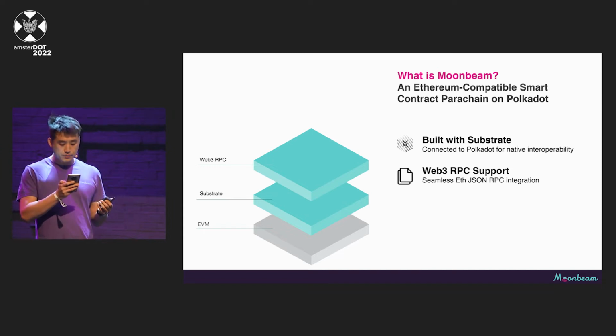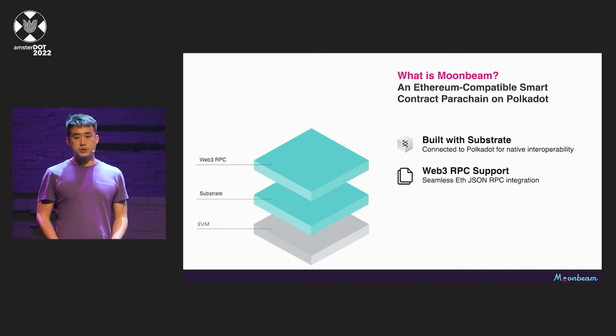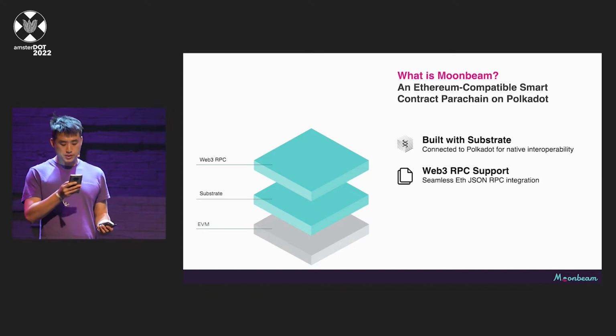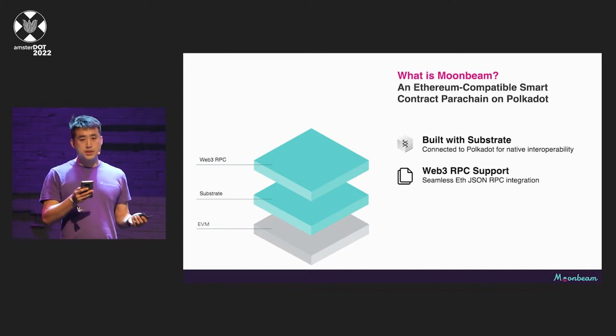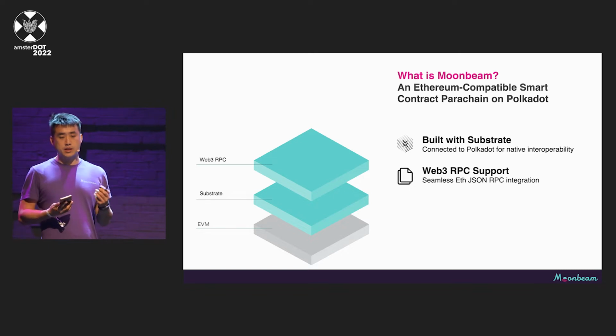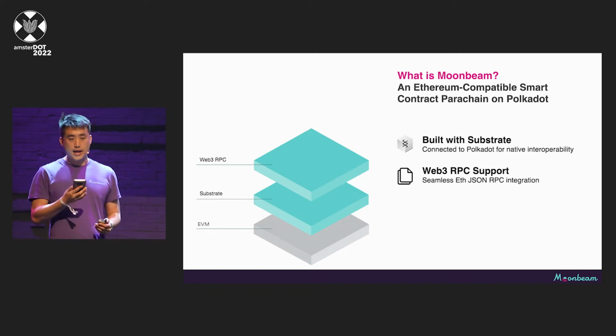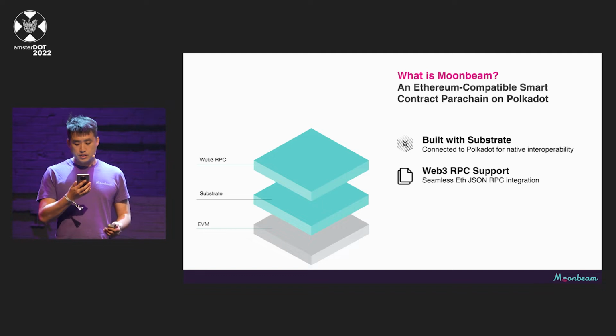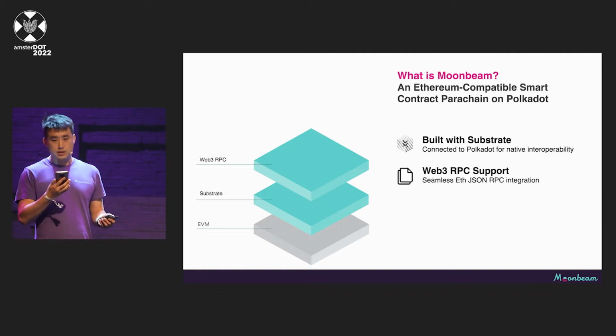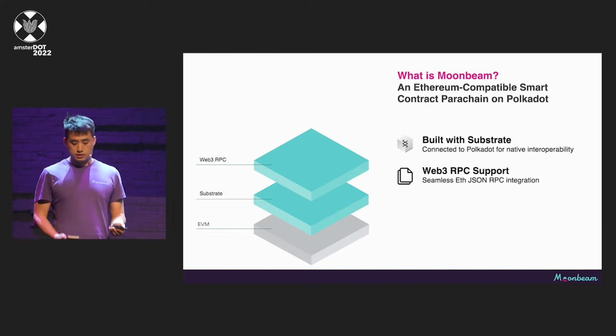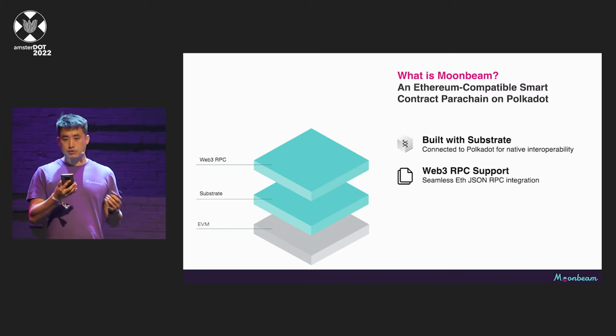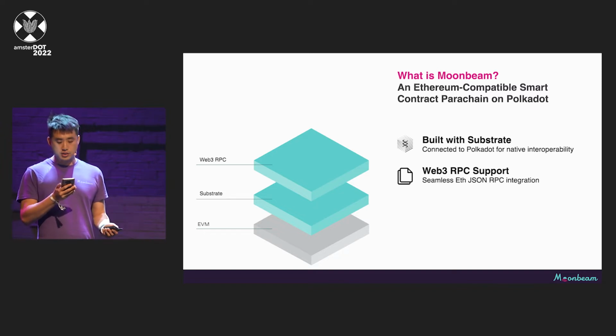We are fully compatible with Go Ethereum's JSON RPC endpoints. What that means is that we basically emulate Ethereum at the RPC layer. This point is quite key, and we are going to expand on this during the Frontier section of this talk.